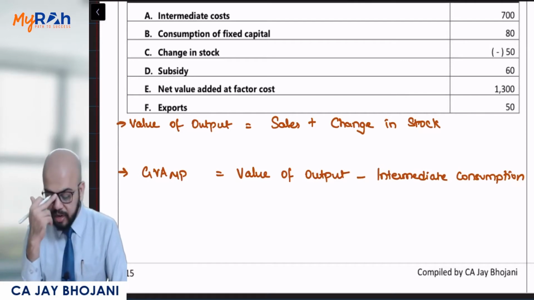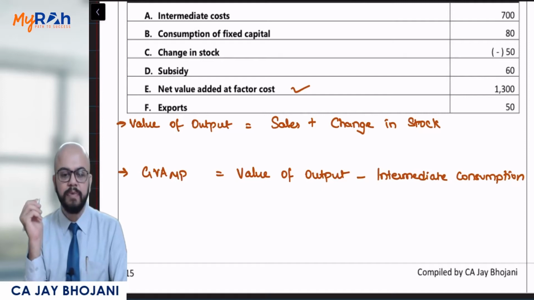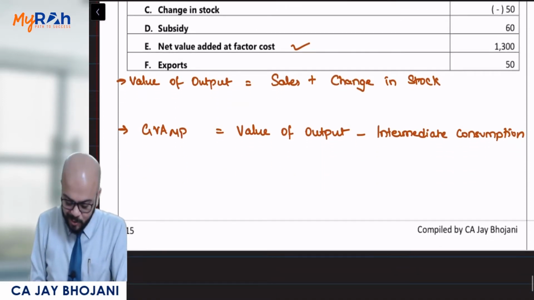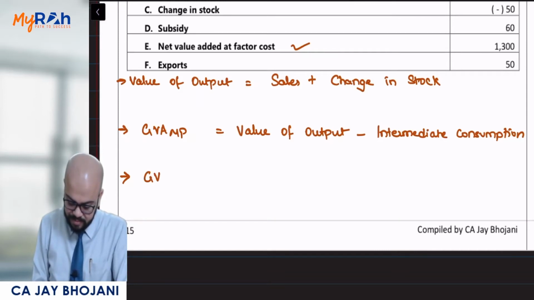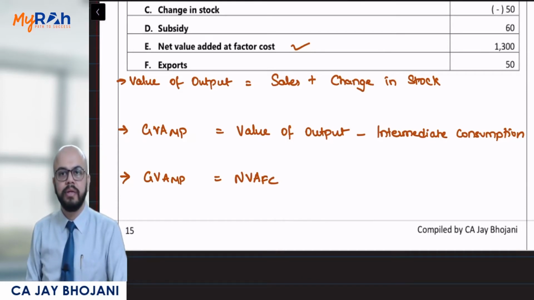I have been given, however, NDPFC. Net value added at factor cost is given. Let's see what I can do with that now. So step 3. I want to find out now GVA MP using NDPFC. Okay, it's a process.